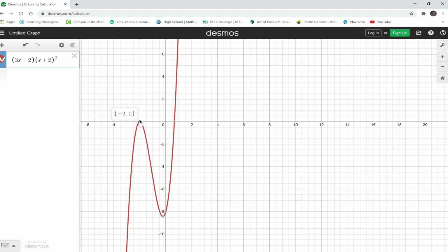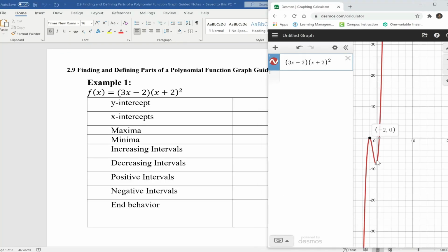So we have a zero and a max at -2, 0, a min, a y-intercept, and another x-intercept. So let's just click on all these different parts and start typing in. We have a y-intercept. So the first thing we want is a y-intercept, and that's just 0, -8.